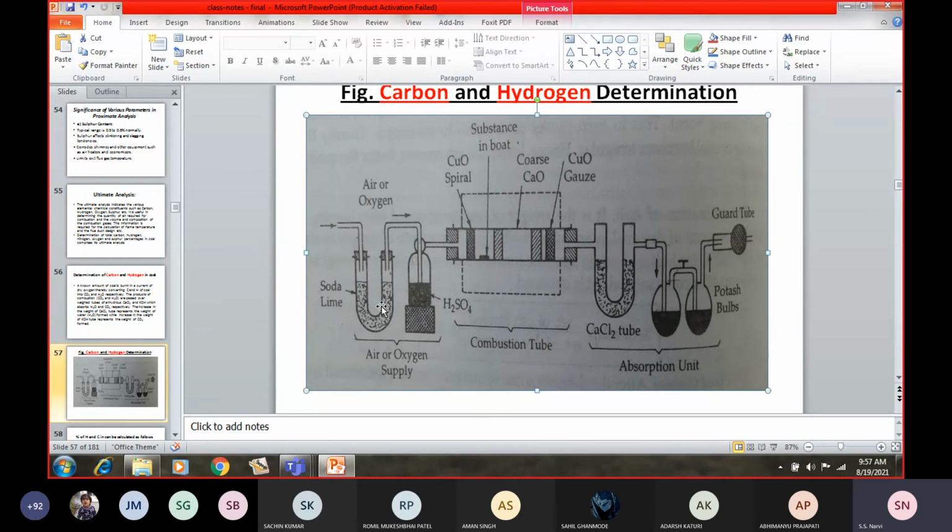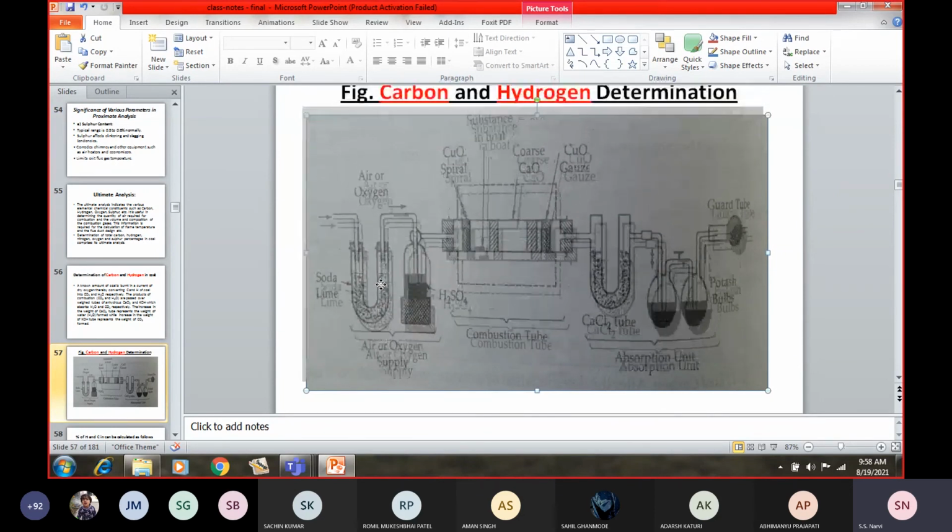So whatever oxygen you are supplying here should be free from water molecules and even traces of carbon dioxide. So in the first trap, even if a trace of carbon dioxide is there in the air or oxygen, it will be absorbed by soda lime, that is calcium oxide. This calcium oxide will react with the carbon dioxide, producing calcium carbonate. So the carbon dioxide is removed.